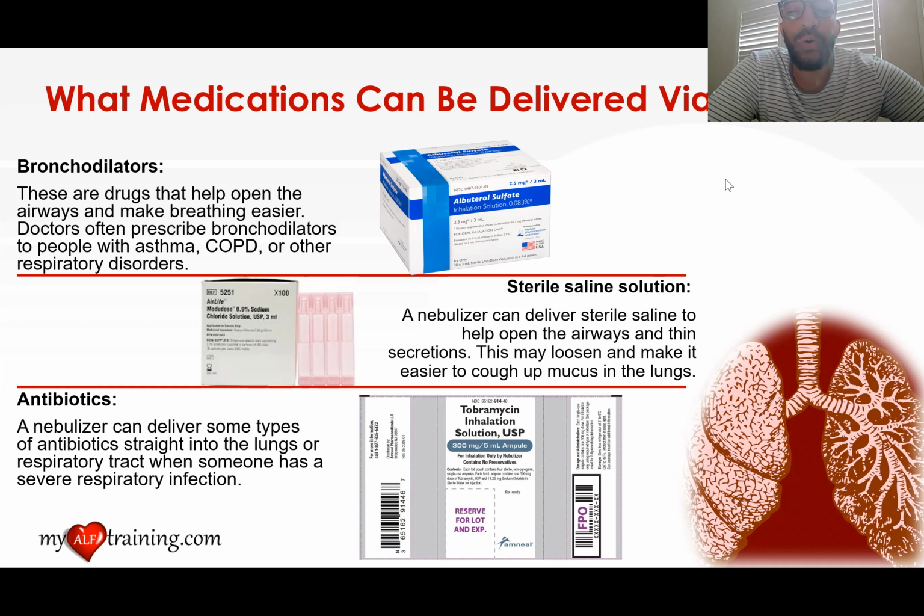Commonly, we'll see tobramycin. Now, a nebulizer can be used just as we use it for bronchodilator, just as we use it for sterile saline. It can be used to administer antibiotic the same way, but it has a different effect.